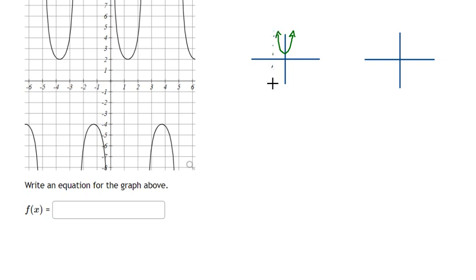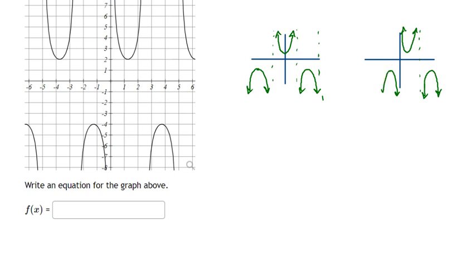And then we've got vertical asymptotes. And then cosecant looks very similar to this, except it has a vertical asymptote at 0. And so it has this kind of look.